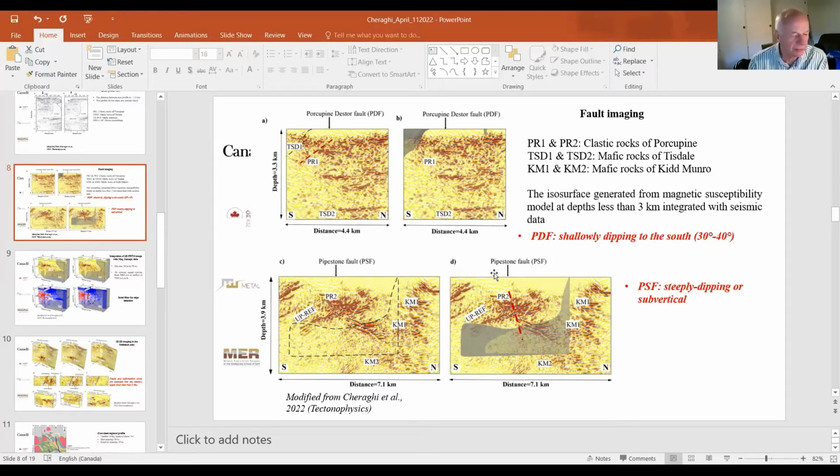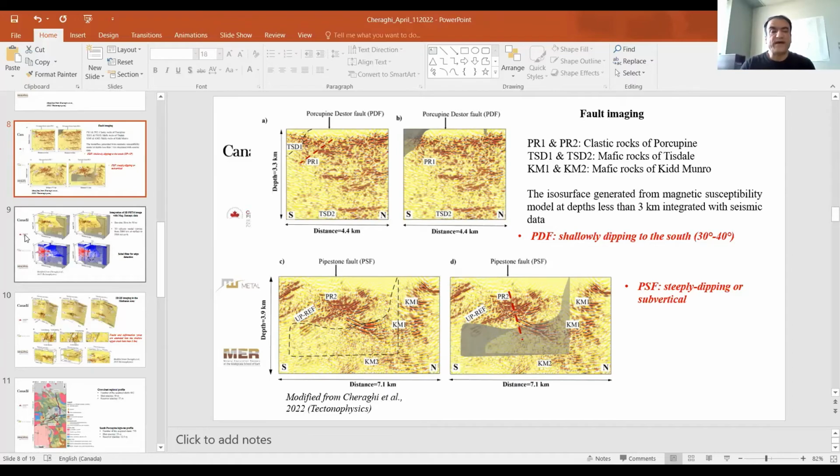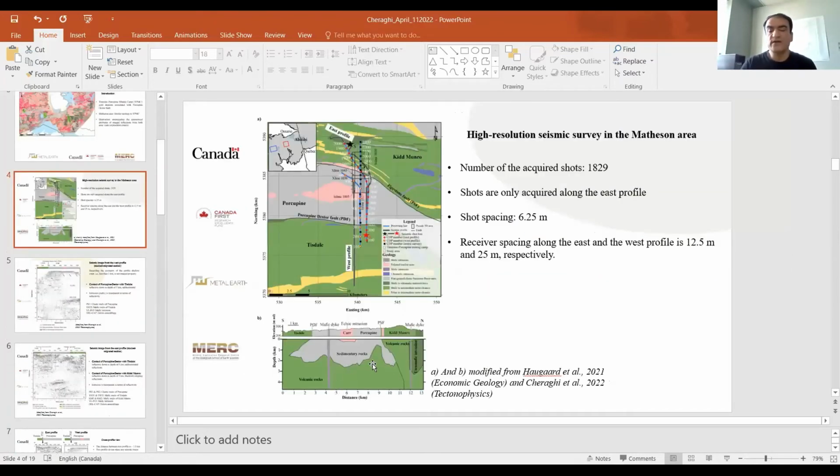Yes, if you just go forward. I didn't extend this. If I show this model from Hogarth et al., this model is based on regional data and also high-res data, MAG, MT, gravity, seismic. So they are suggesting fault zones are not extended toward the depth.